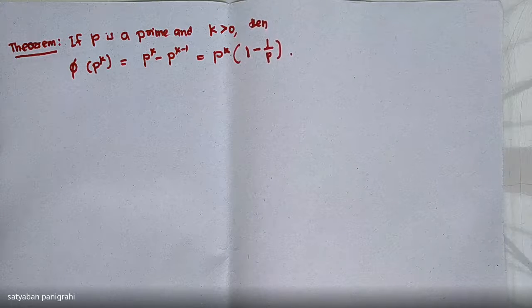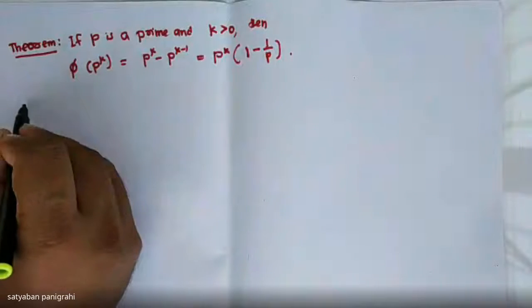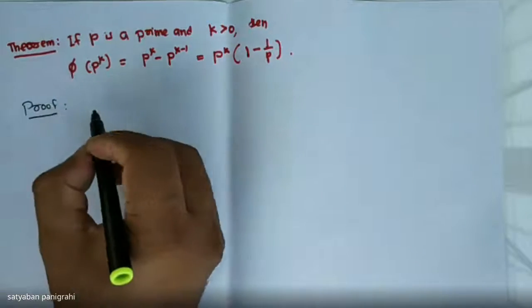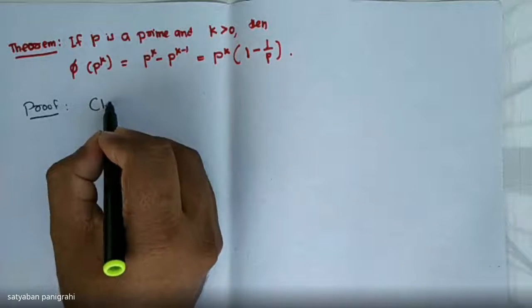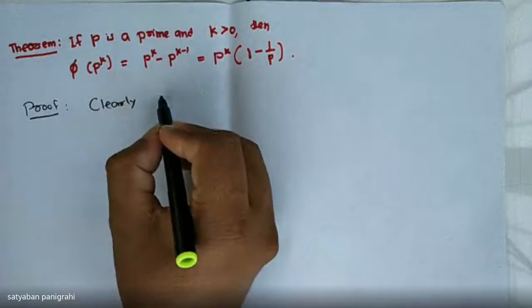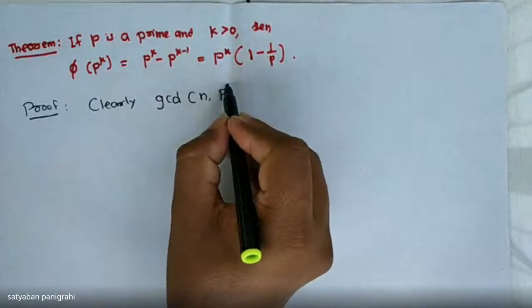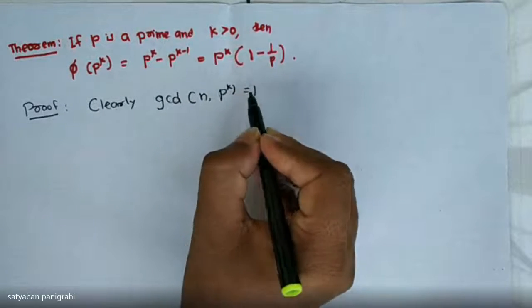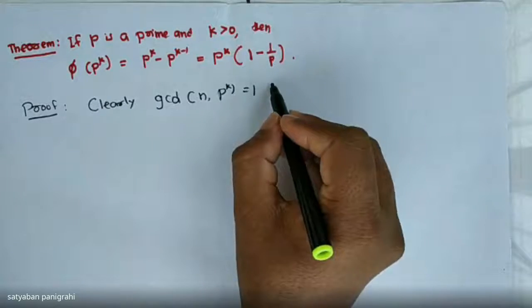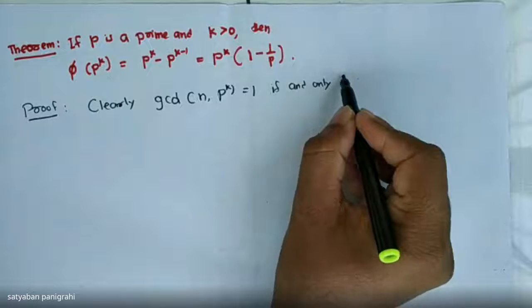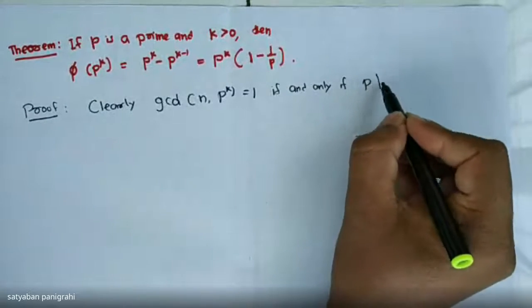Now we will prove this. Okay, so for the proving part, we can say clearly our GCD of n and p to the power k equals 1 if and only if p does not divide n.